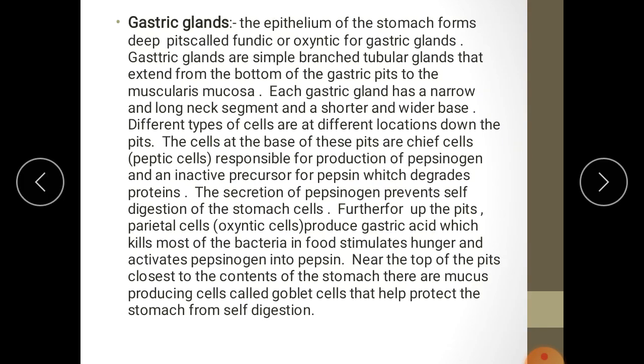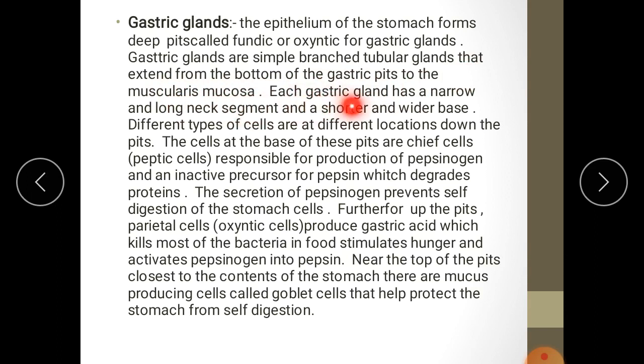So, gastric glands. The epithelium of the stomach forms deep pits called fundic or oxyntic or gastric glands. Gastric glands are simple branched tubular glands that extend from the bottom of the gastric pits to the muscularis mucosa.